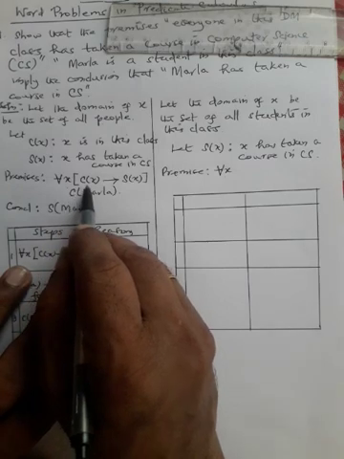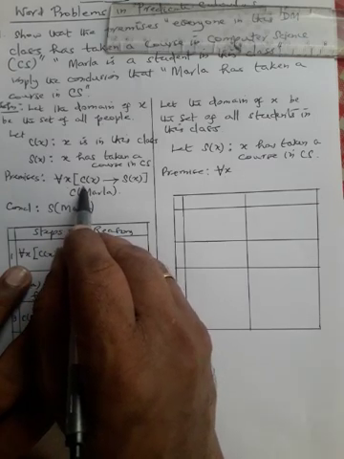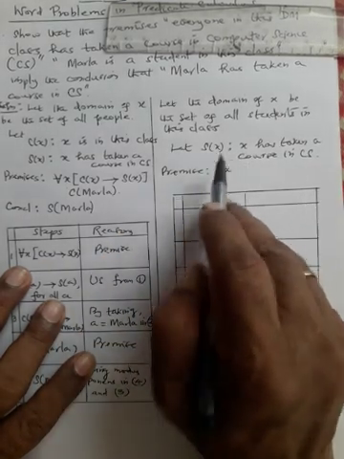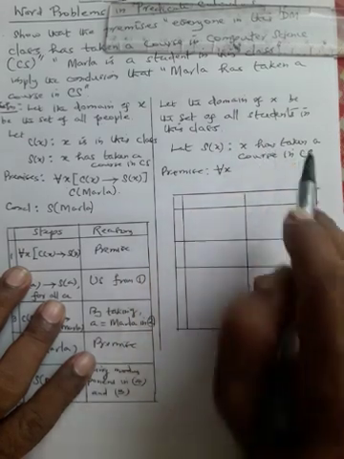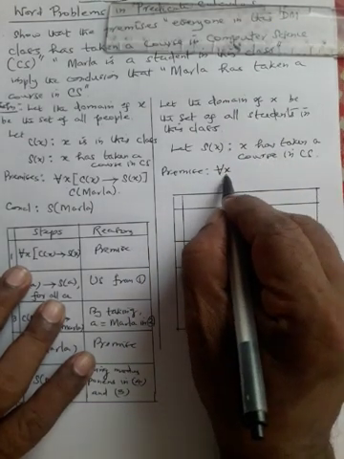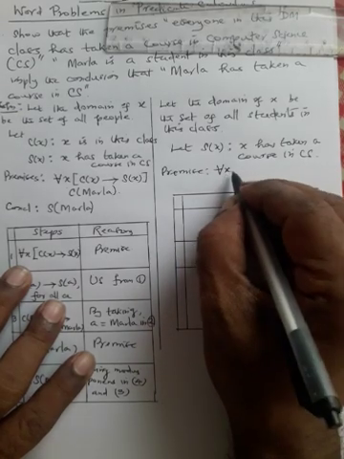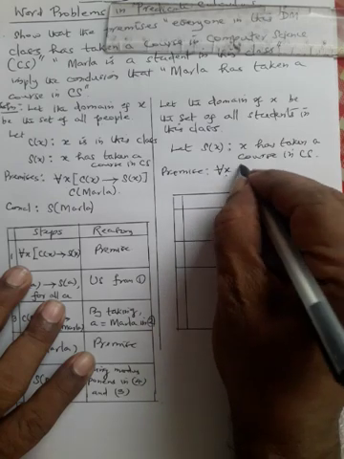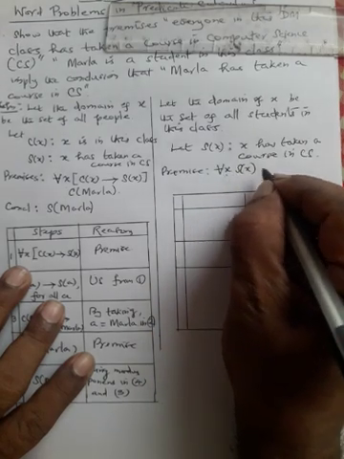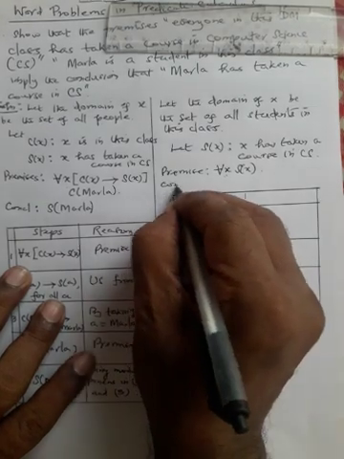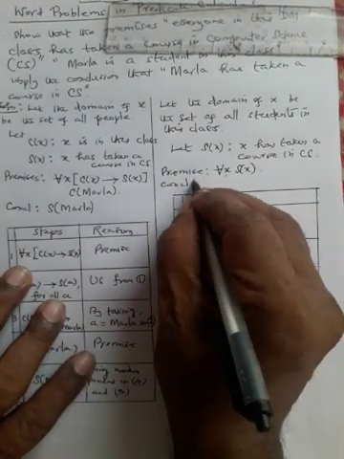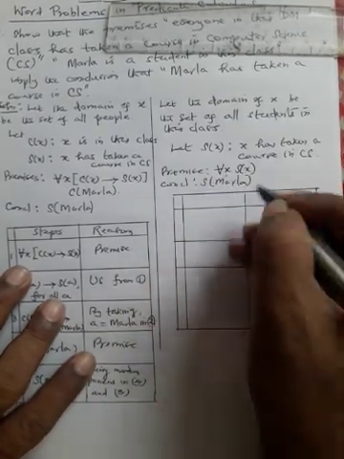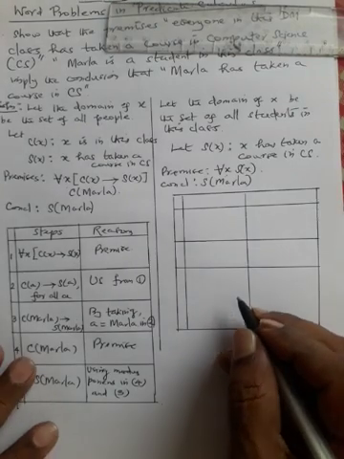So we put a condition there. Here there is no need to write C of x at all. The premise is that every student in this class has taken a course in computer science. The conclusion is S of Marla: Marla has taken a course in computer science.